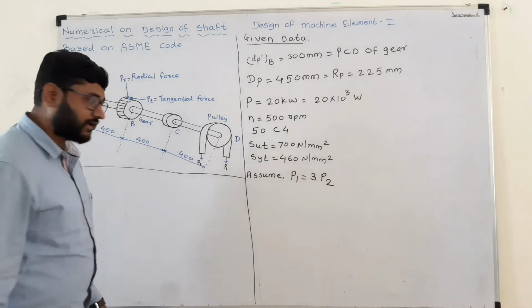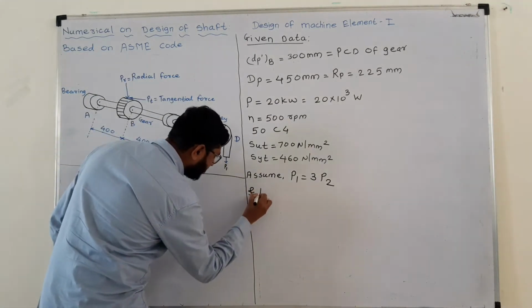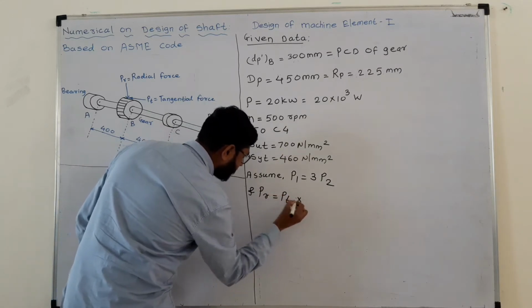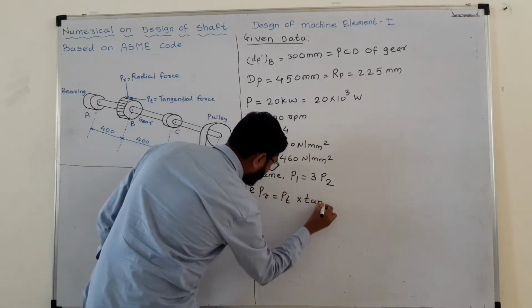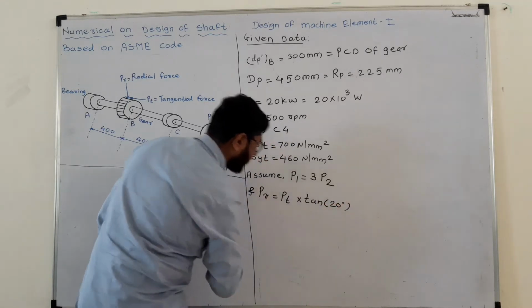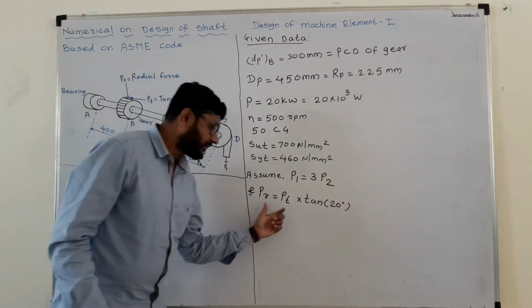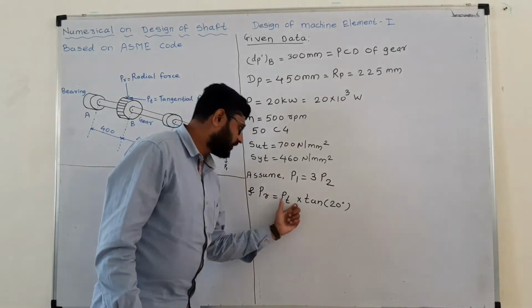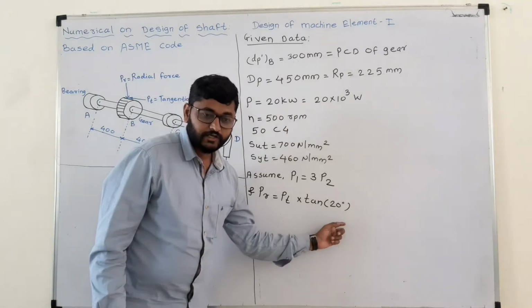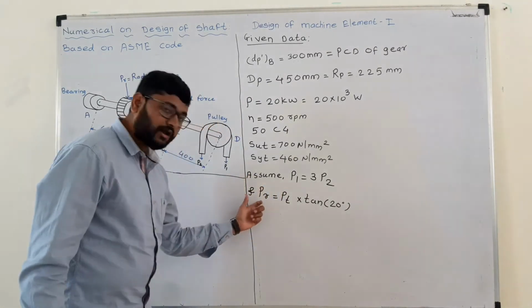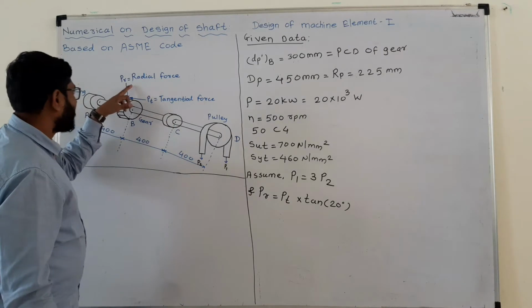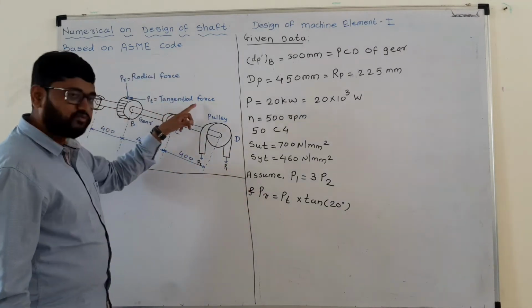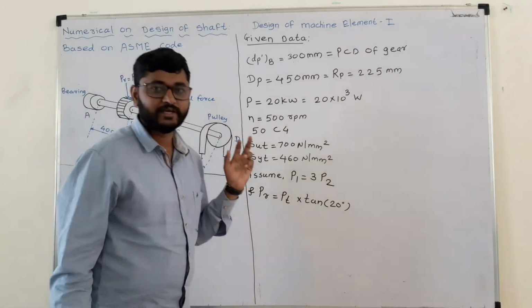Also PR is equal to PT into tan of 20 degree, where PR is the radial force and PT is the tangential force acting on the gear.